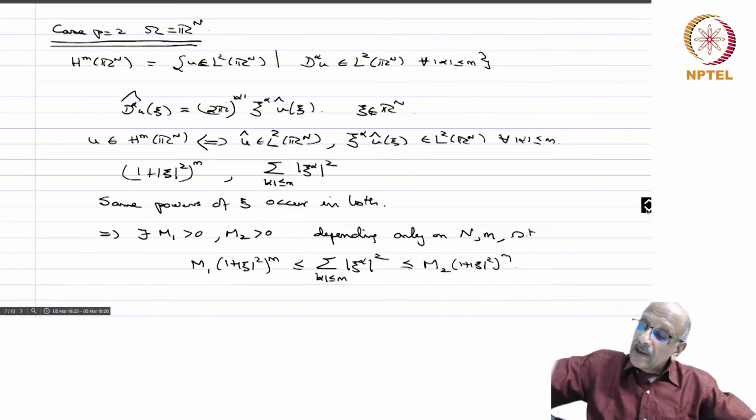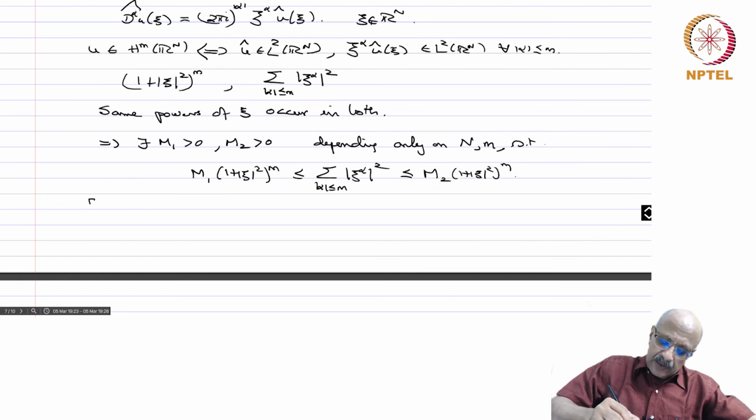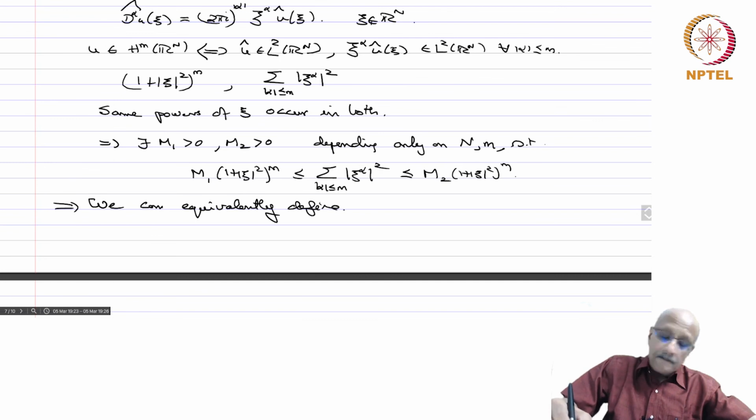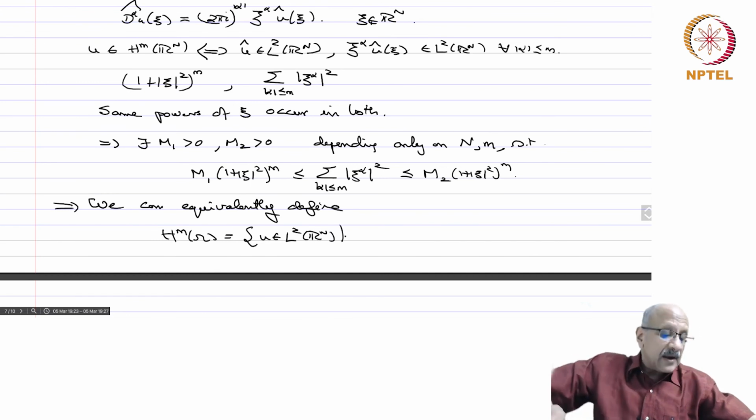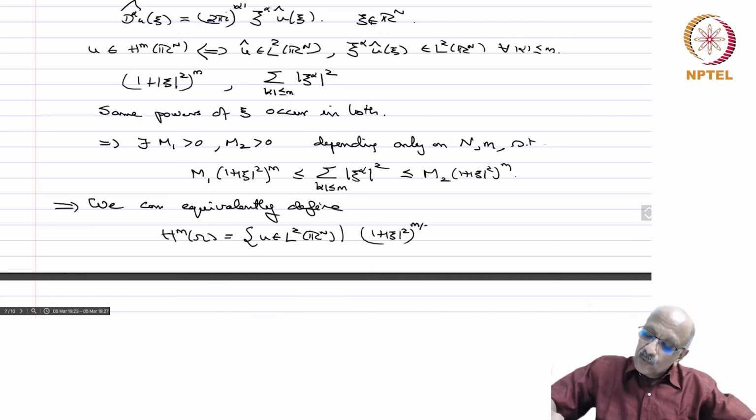Okay. So, consequently, we can equivalently define H^m(R^n) as the set of all u in L^2(R^n) such that (1+|ξ|^2)^{m/2} û(ξ) belongs to L^2(R^n).